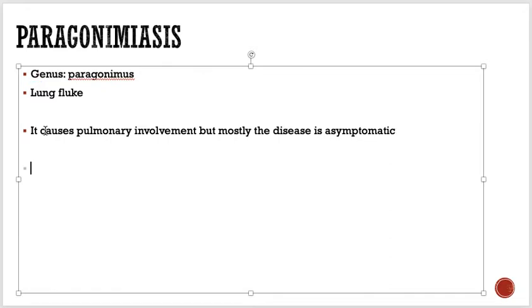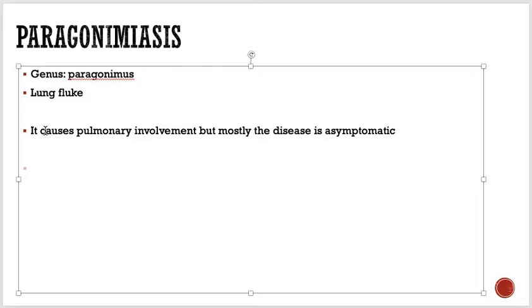So now we will discuss in the clinical features how it presents, like what are the signs and symptoms this one gives. Okay, but why is this one important again?